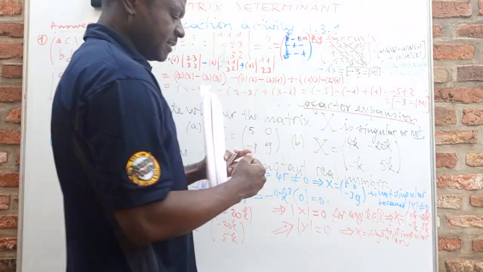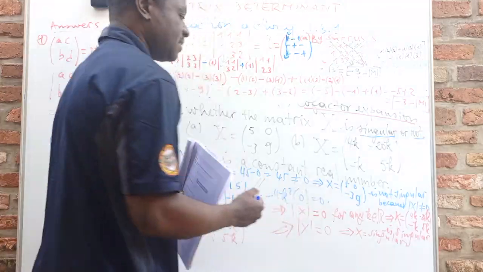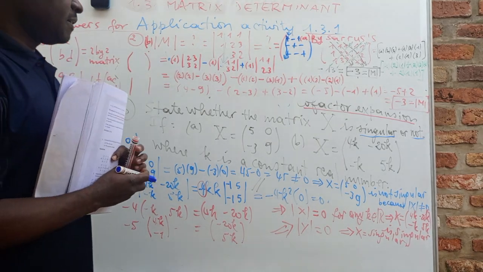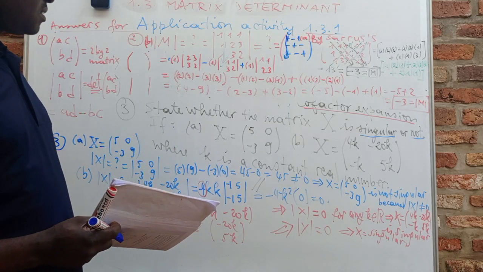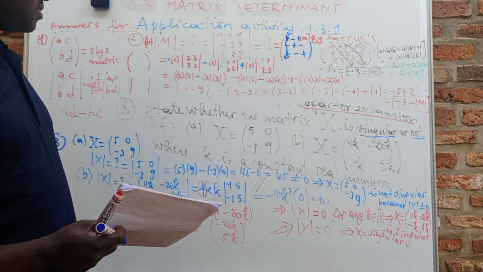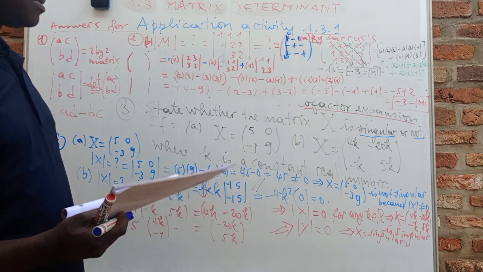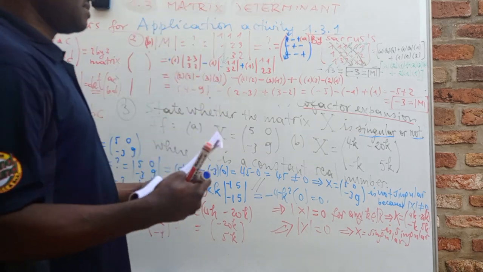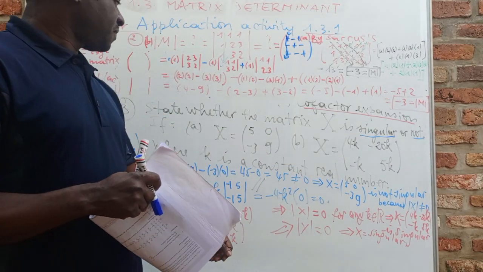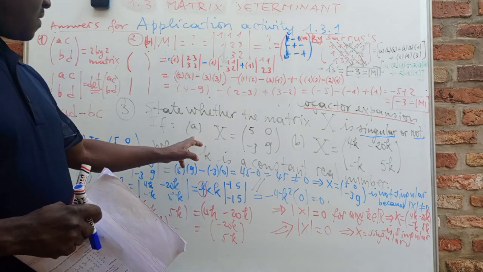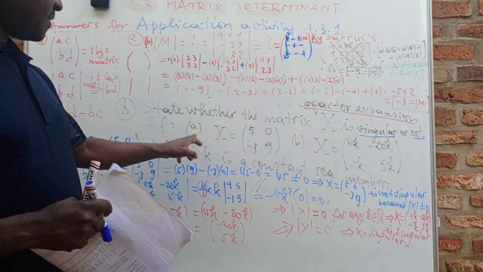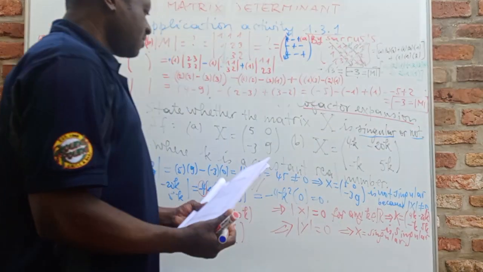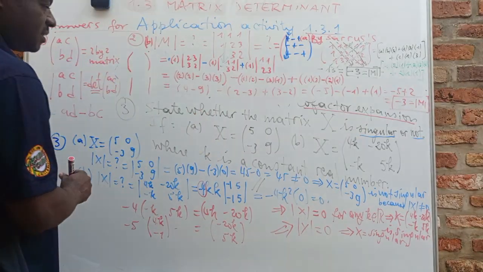So singular matrix, as we pointed out in the previous video 13, because it was not clear, was to determine whether this matrix, this one, the first one, and the second one, was singular or not. Okay, what did we do?